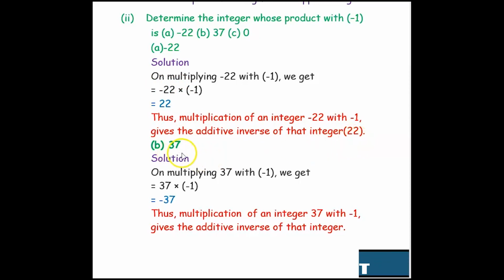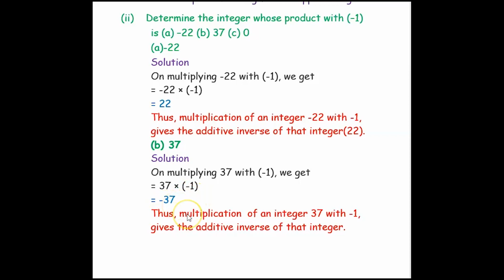Next number is 37. Now we want to multiply 37 with -1. So 37 into -1 has one negative integer and one positive integer, that is an odd number of negative integers. If you multiply an odd number of negative integers, the result should be a negative integer. So 37 times -1 is -37.